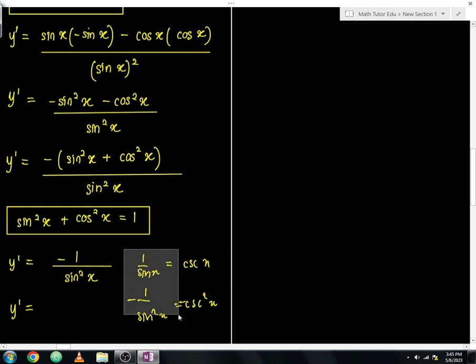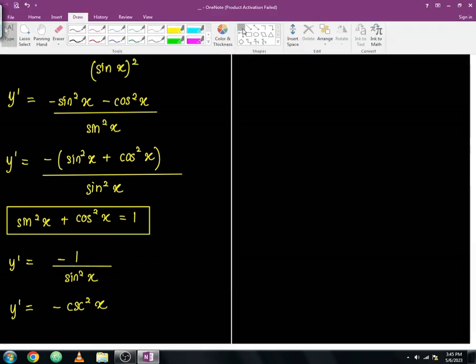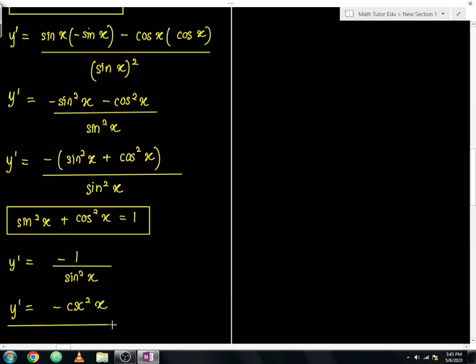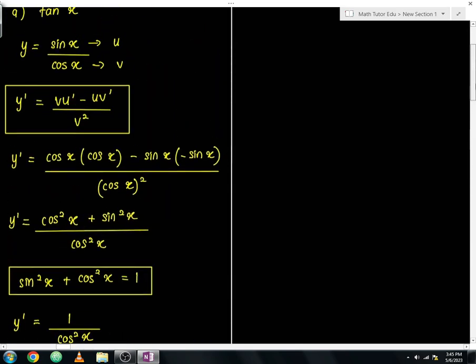So that's how you get y prime is equal to negative cosecant square x. So we have done the derivation of tangent and cotangent.